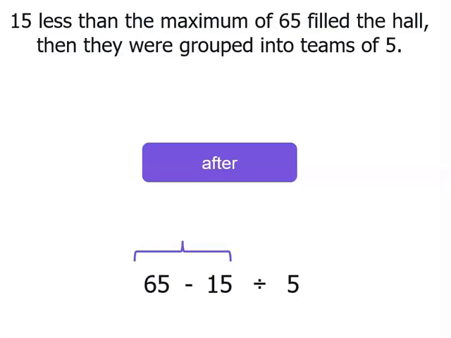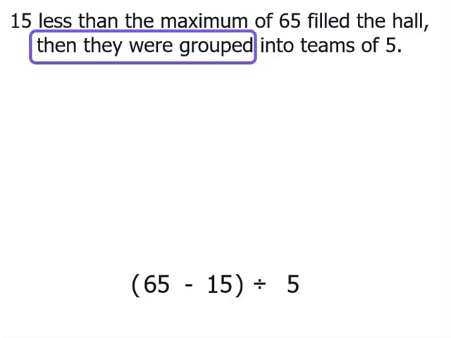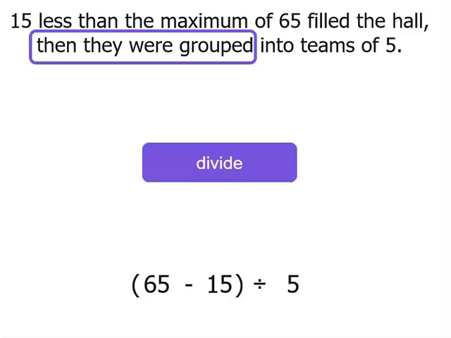And the best way to make sure we do that without just forgetting about that is putting brackets around it. So when we first see our number problem, 15 less than the maximum of 65, we can put brackets around that because it tells us that after that, then they were grouped into teams of 5. So then we can do our division.